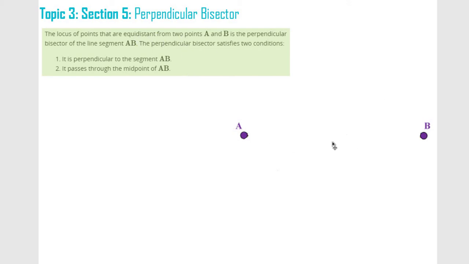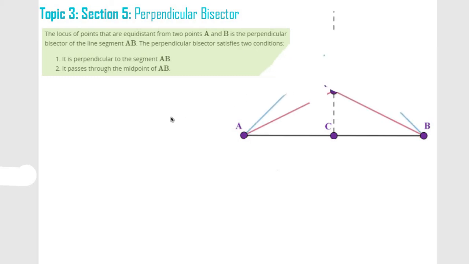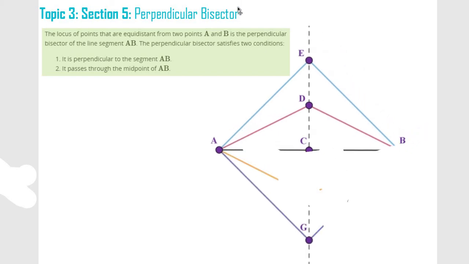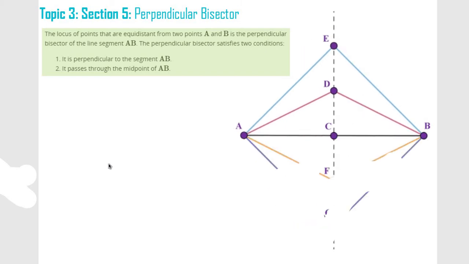Well, obviously I could just find the midpoint, right? So we find the midpoint, and that's not the only point. I can go up and find points up here that are equidistant to both A and B. So, like this. And then I can go down and get these points.